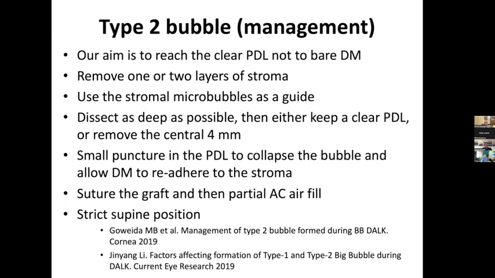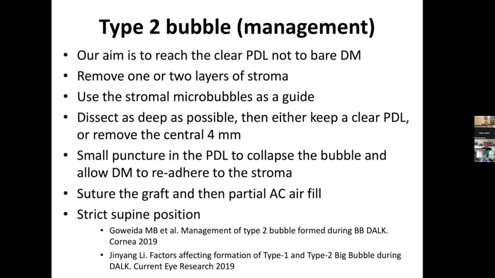We can dissect as deep as possible, then either keep a clear predescemetic layer or remove the central 4 millimeters, baring Descemet membrane only centrally. After that, you can do a small puncture in the predescemetic layer to collapse the bubble and allow Descemet membrane to re-adhere to the stroma. Suture the graft and then partial AC airfill.